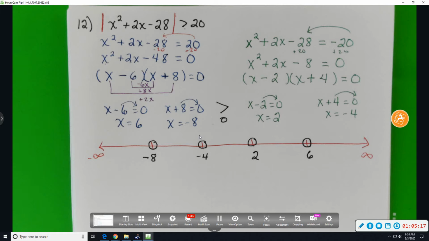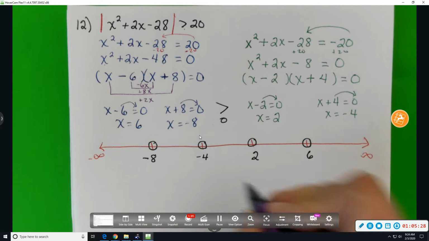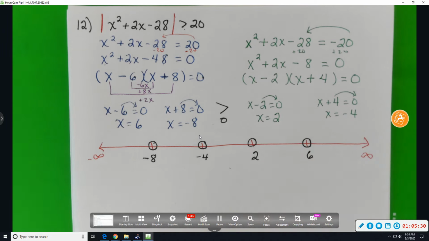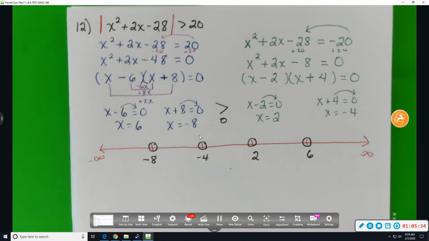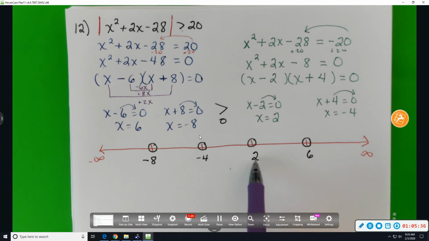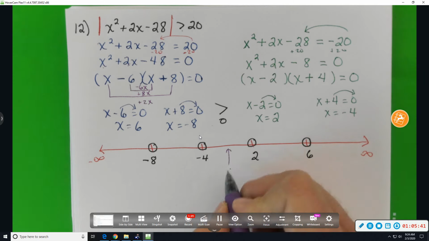Well, there's only 4 I can't plug in as a test point. And those 4 are -8, -4, 2, or 6. What number do you think I'm going to use? 0 is usually the number I use as a test point. And where on earth does 0 lie on all these intervals? Well, it's on the one that has it between a negative and a positive. This is where 0 lies.